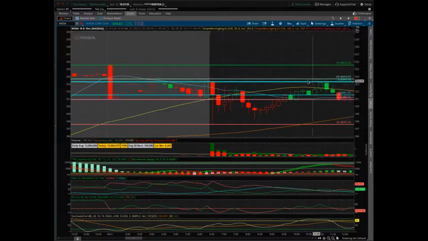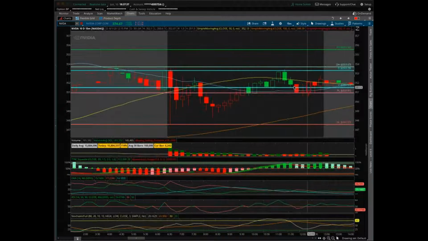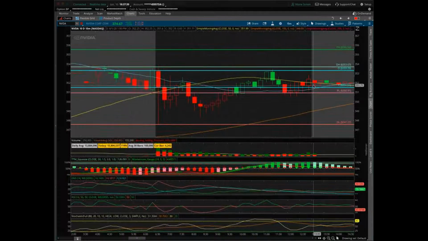And then we tested the open of the first candle. We tested that open and rejected and stayed inside of this range. So it was just a frustrating day because you stayed inside this range all day. And those are never fun days. Those are just sideways days that you're not really, unless you get the bottom and you get the top, right? You're not really going to do much.